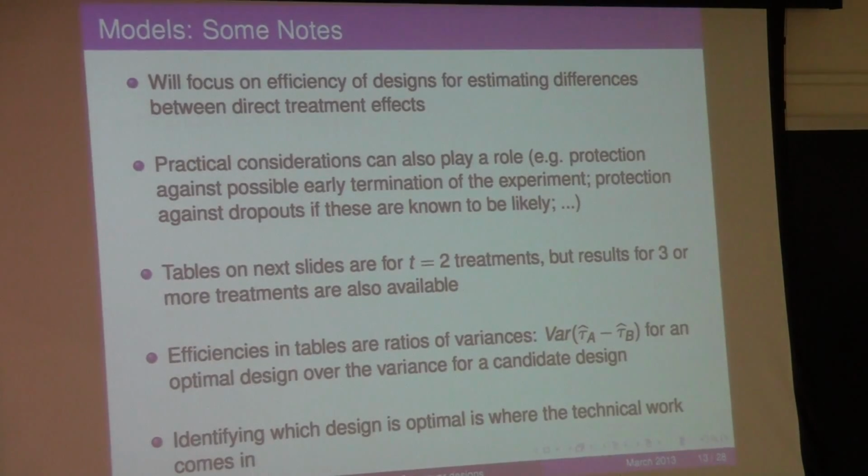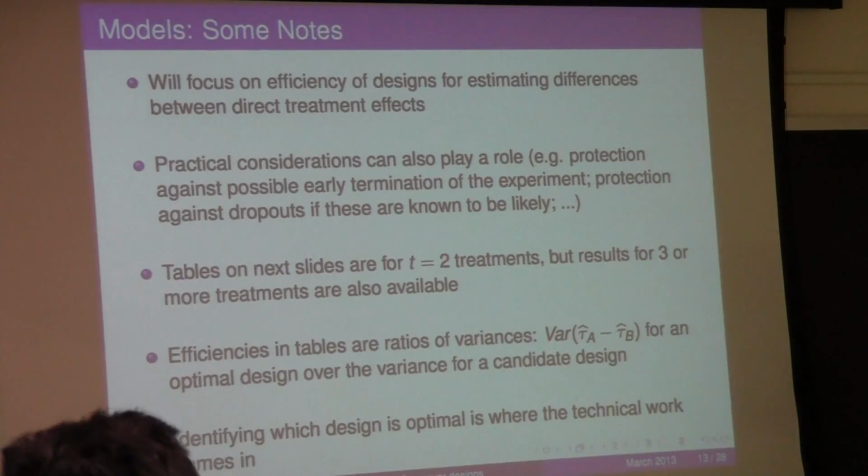So let's go to design. So I want to show you some results, but without going into the technical details as to how those results were obtained, about efficiency of different designs for estimating the difference between direct treatment effects.